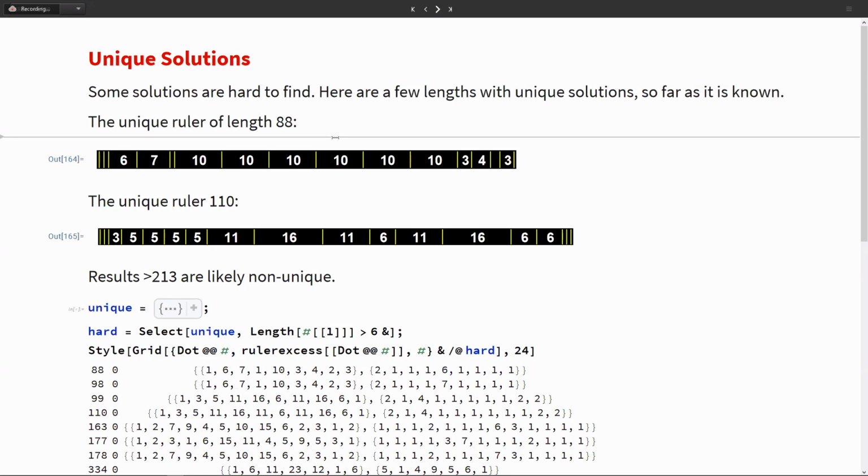So we can take a look at why this problem is really difficult by looking at unique cases. For example, length 88 is only findable with a computer search. Here's the solution for 88, and it's unique. Ruler 110 is also unique, and that's what it looks like.